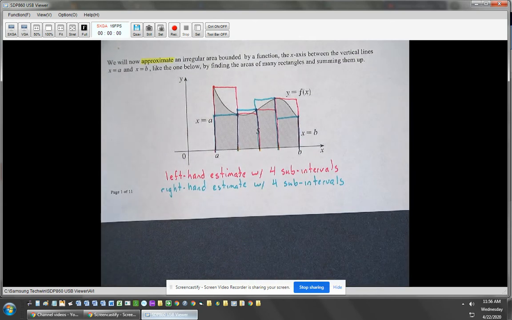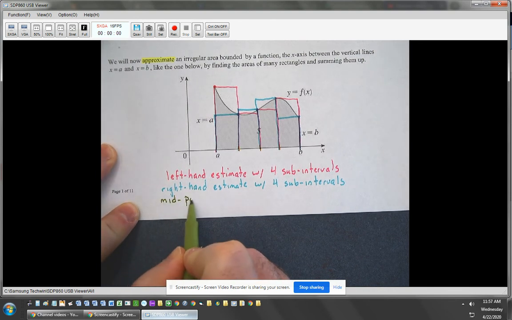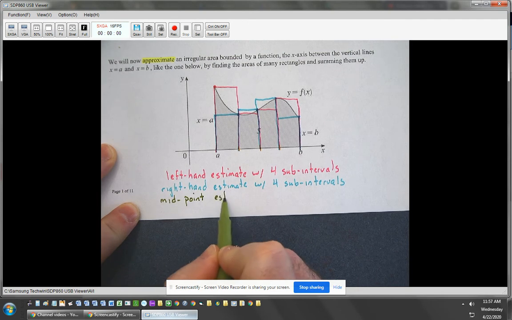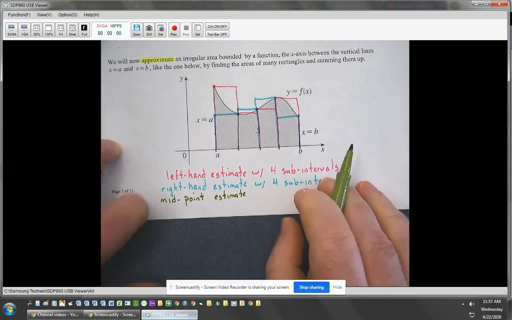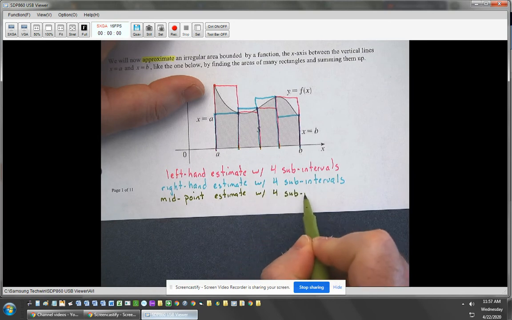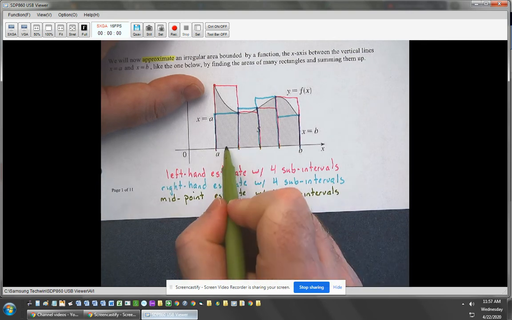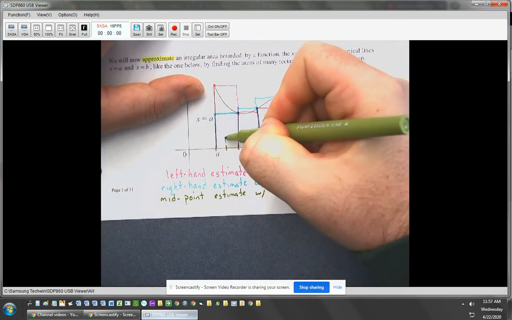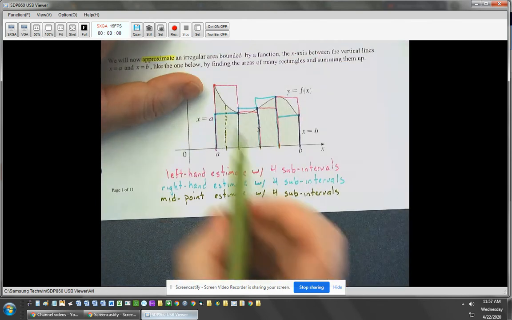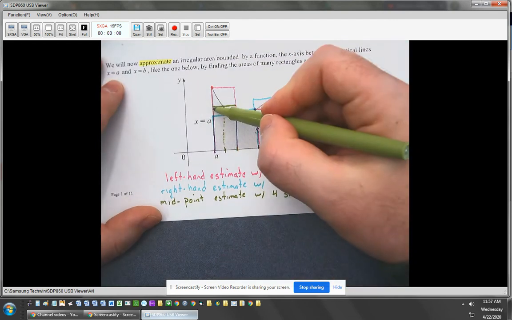So the other 2 styles, we have what's called the midpoint estimate with 4 subintervals. So now I'm going to go in my interval and I'm going to find the midpoint. I'm going to track that up to the function there, and then I'm going to use that function value as the height of my rectangle.